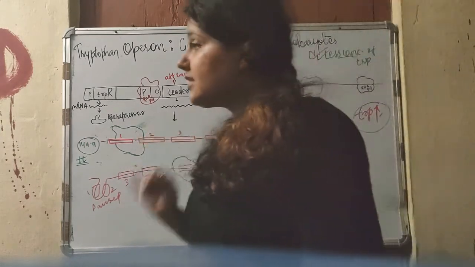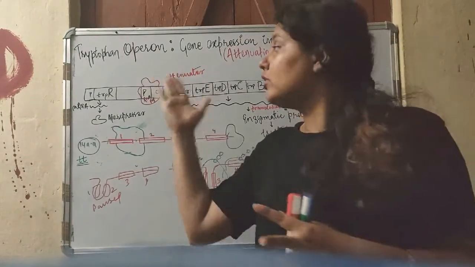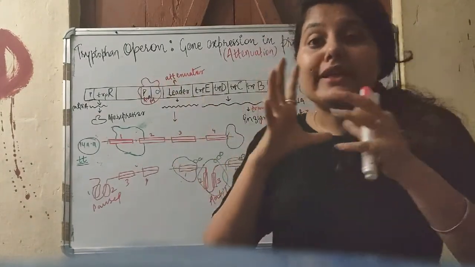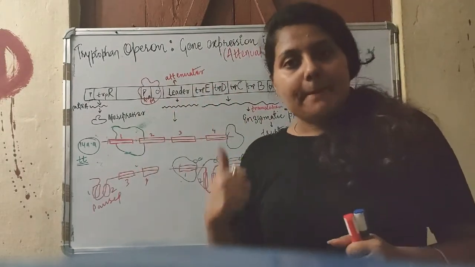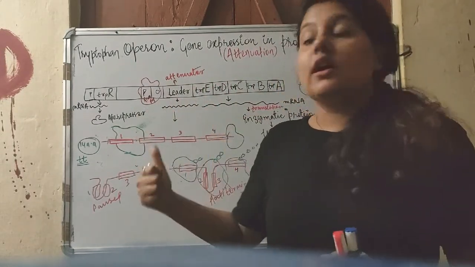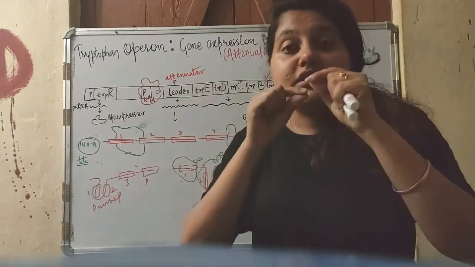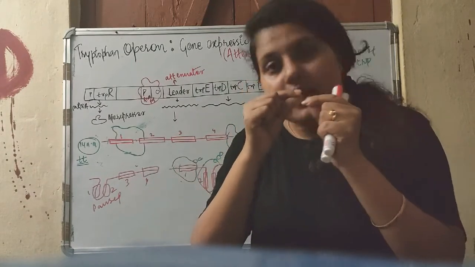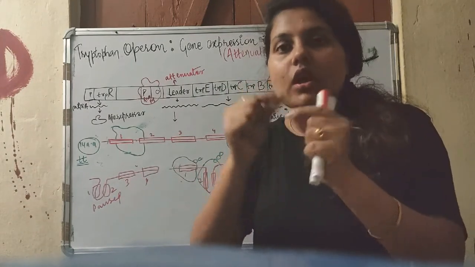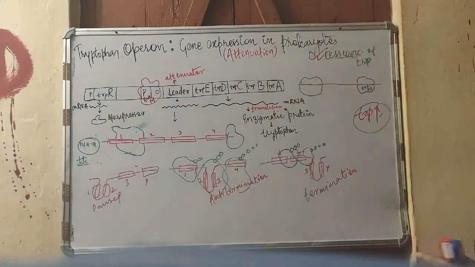And in the first case, the regulation depends on the concentration of tryptophan inside the cell. But in the second case, the attenuation process depends on the concentration of tryptophan-loaded tRNA, right? It depends on the concentration of tryptophan-loaded tRNA.